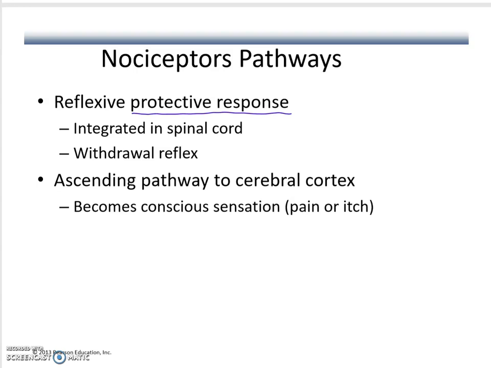Or when you're touching a hot plate, then you have this withdrawal reflex. Very fast movement of your muscles to get you away from this painful stimulus. Of course, they're using ascending pathways to the cerebral cortex, and the sensation is either perceived as pain or as itch.